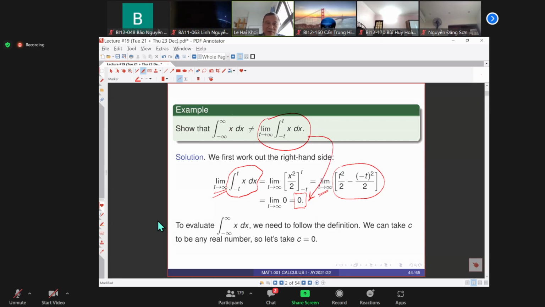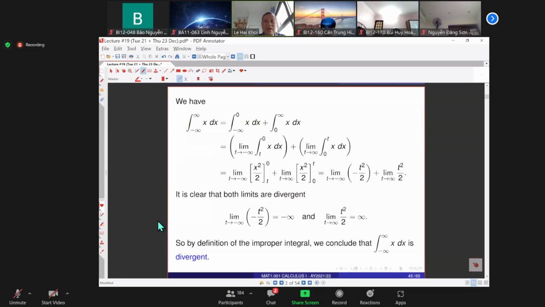The definition of the left-hand side is the sum of two improper integrals. For example, we take c equal to 0, because c doesn't play any role; it's a finite number. By our definition, the left-hand side is the integral from negative infinity to 0 plus the integral from 0 to infinity.